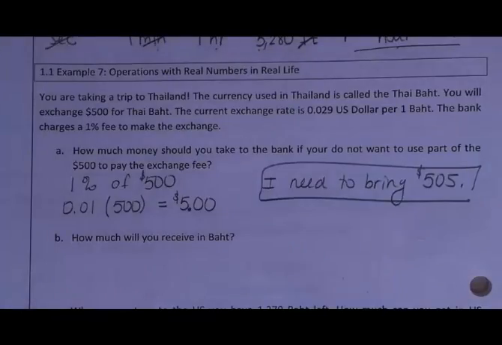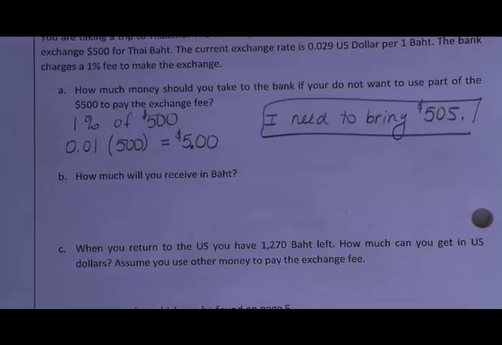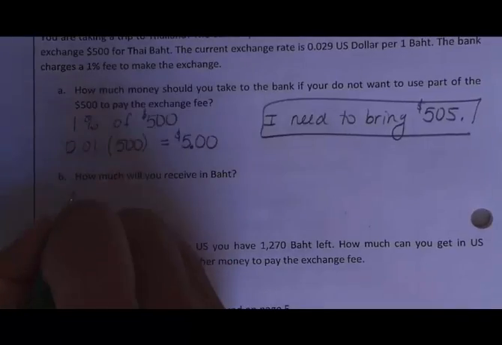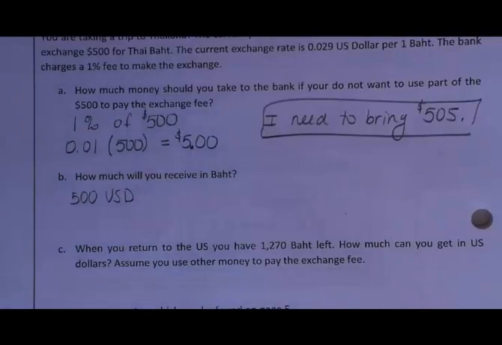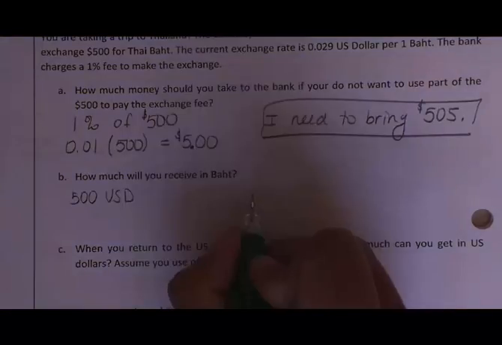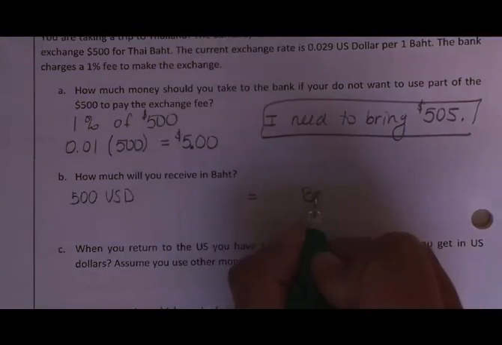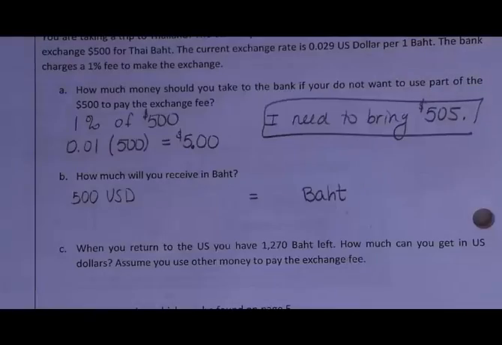All right, so now let's do some conversions. So how much will you receive in baht? So I'm going to start with $500. I'll use US dollar, USD. And I'm going to want that to end up in Thai baht. Okay, I'm going to do exactly like I did with example 6 above.